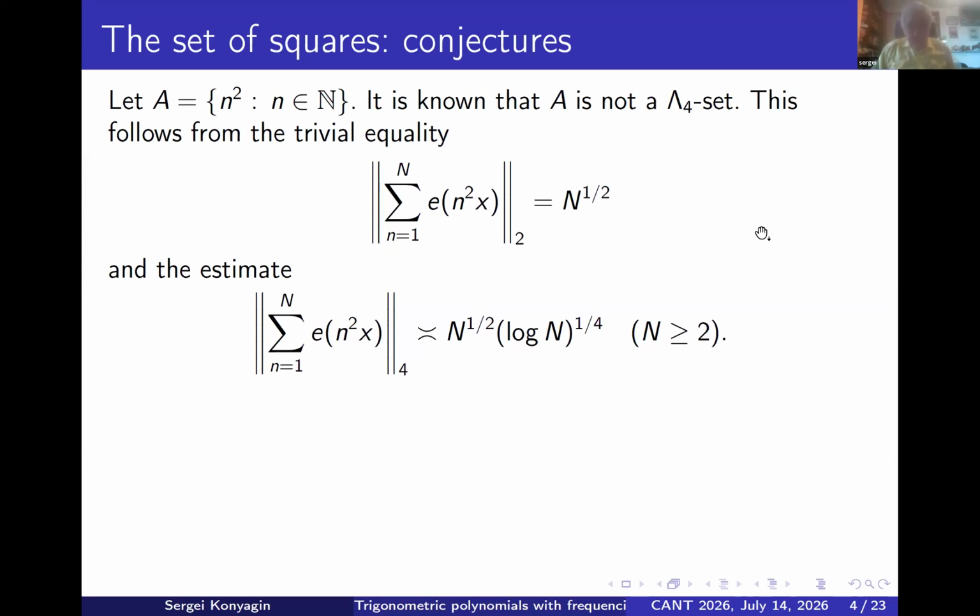But let me start from the well-known fact that the set of squares is not a Lambda(4) set. The L2 norm is the square root of the sum of squares of absolute values of coefficients, so it is the square root of N, and it is known that the L4 norm is greater than N to 1/2. It is N to 1/2 times a logarithmic factor.